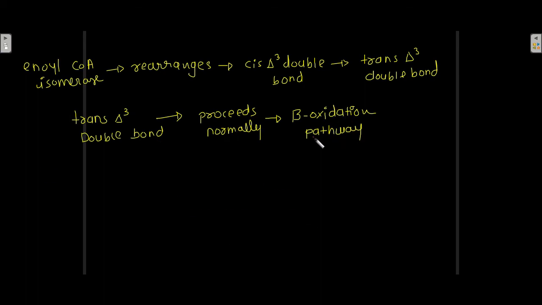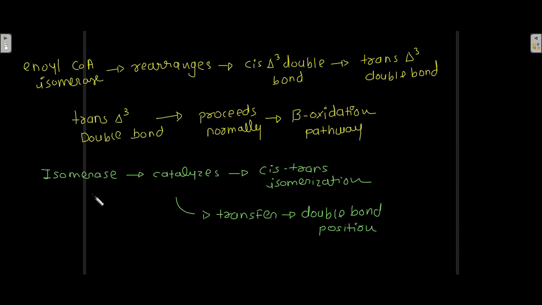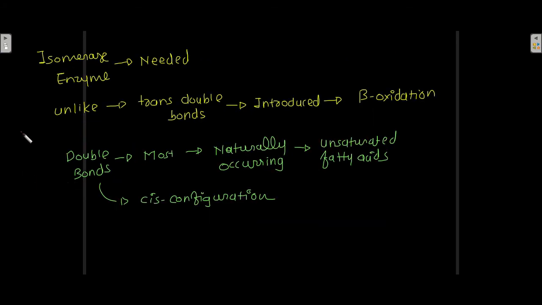Thus this enoyl coenzyme A isomerase catalyzes the cis-trans isomerization, and the position of the double bond is shifted by this isomerase. Now why is this isomerase enzyme needed?